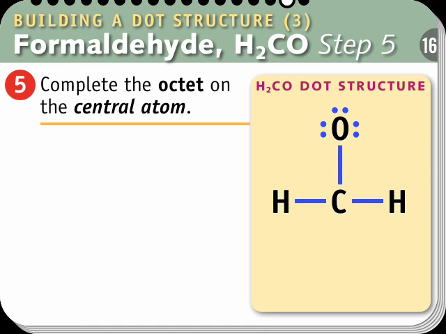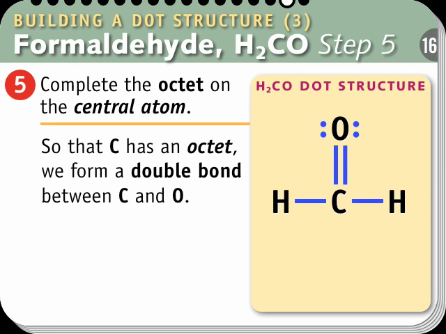We solve this problem by allowing one of the lone pairs on the oxygen atom to become a shared pair between O and C. And we have created what is known as a double bond between the carbon and the oxygen. Most importantly, the carbon and oxygen atoms are each surrounded by an octet of electrons. The Lewis electron dot structure is complete.